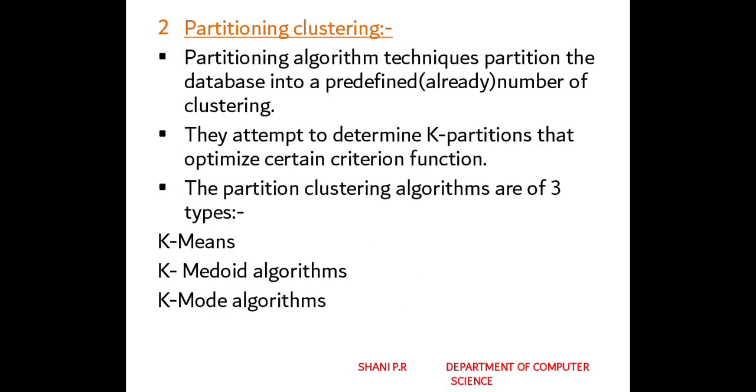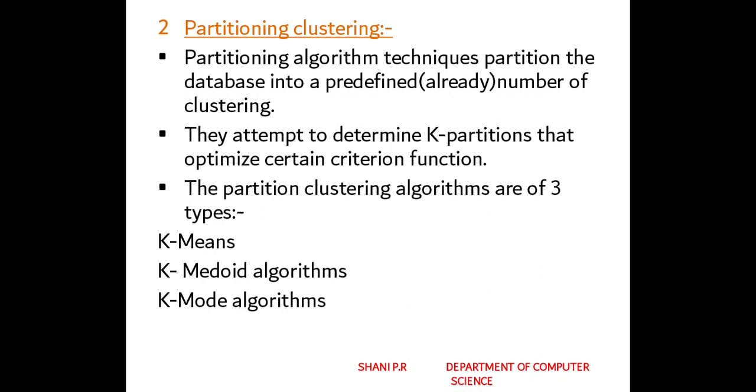The second type of clustering is partition clustering. Partitioning algorithm techniques partition the database into a predefined number of clusters, where in this algorithm the data set is already known. Okay, they attempt to determine the k partitions that optimize a certain criterion function. So in clustering we use the symbol k. Okay, the k symbol to partition the data or clustering.